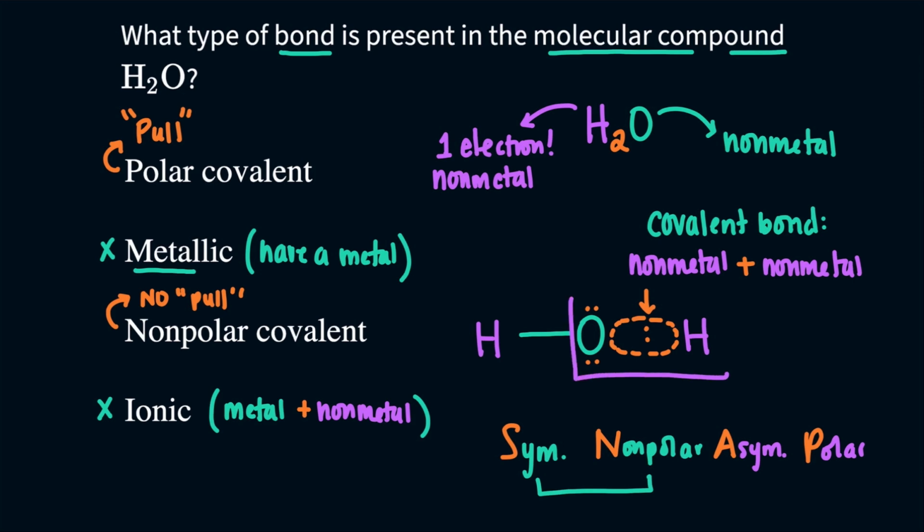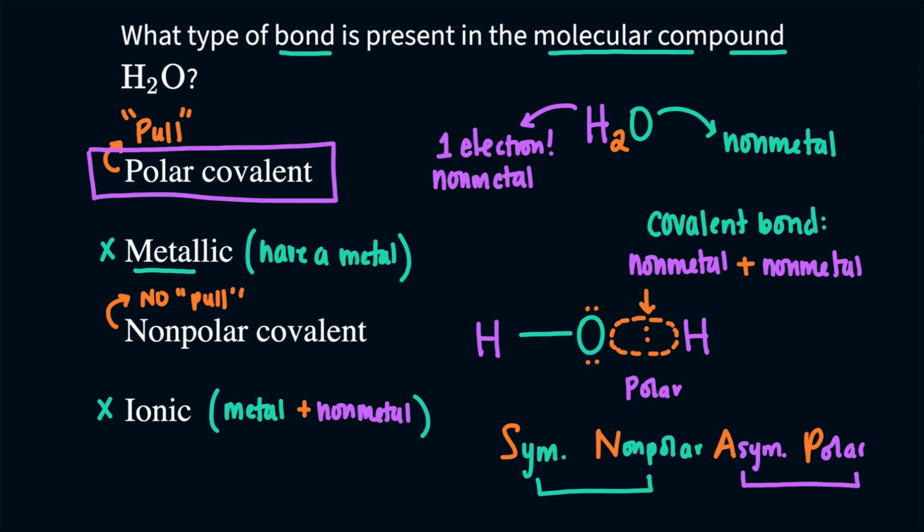And if I just look at the bond here, it's oxygen versus hydrogen. So definitely these are 2 different elements, so we would be asymmetrical, which means that this would be a polar bond. So in essence, we can find it out via snapping it out.